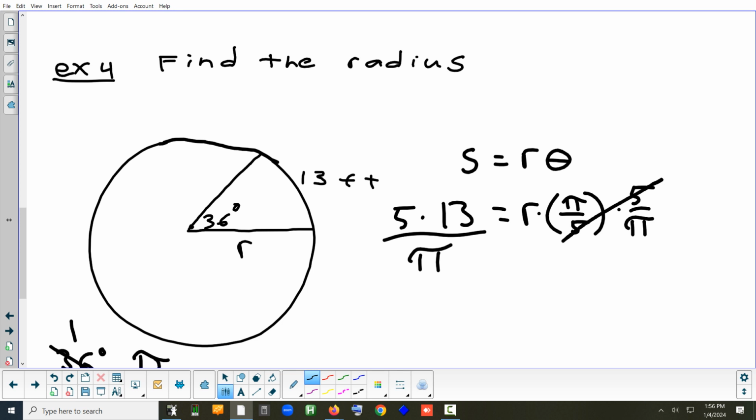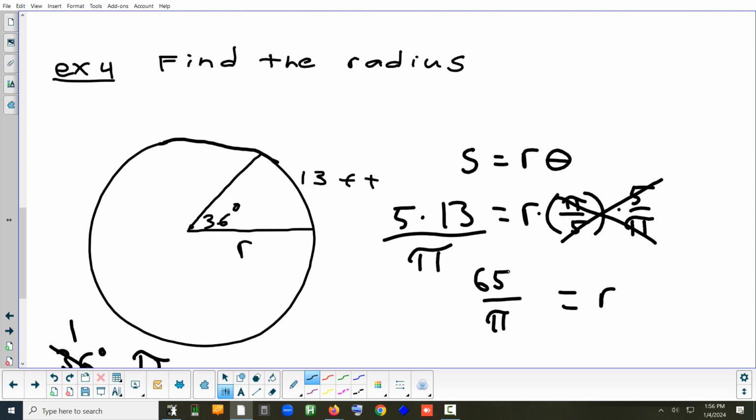So the 5's cancel, the pi's cancel. And now all you're left with on the right side is R. And on the left side, what's 5 times 13? 65.